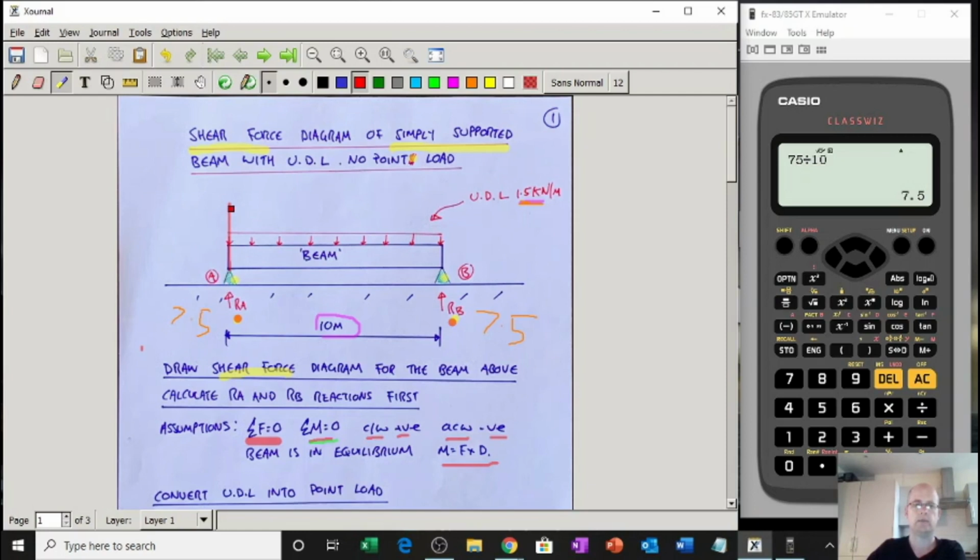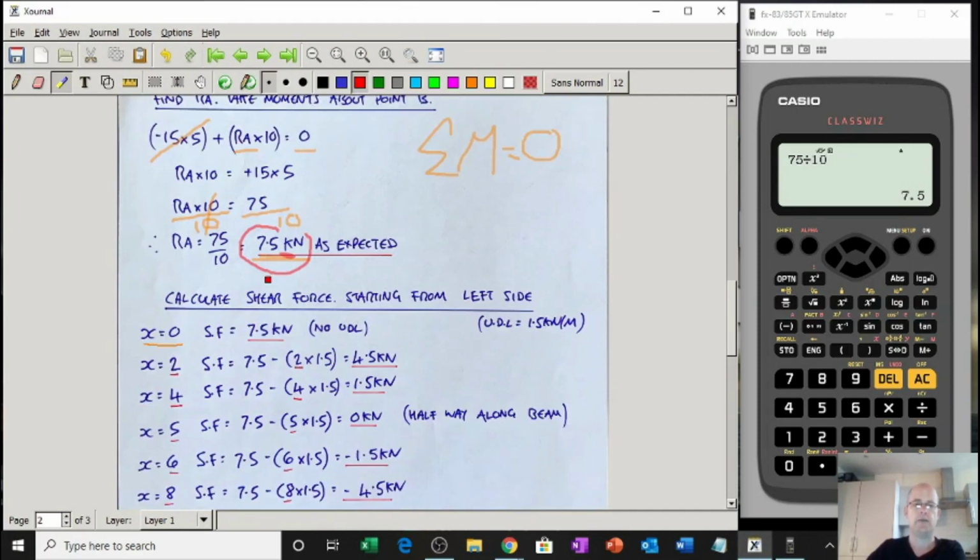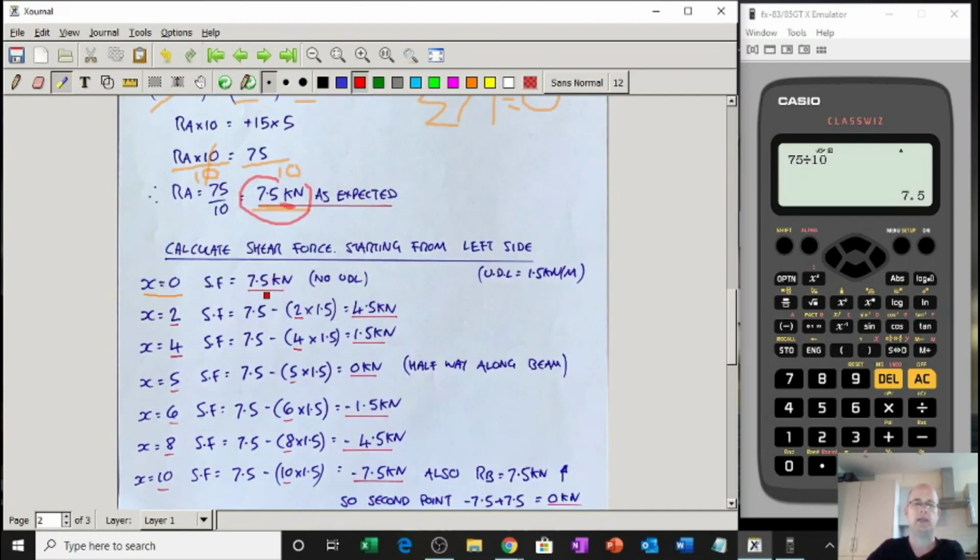That's all I can see. There's no UDL yet because it's per meter, so I can't see anything. So my shear force at that point is going to be 7.5 kilonewtons. So I'm going to have 0, it's going to go up to 7.5. So that's the first point.